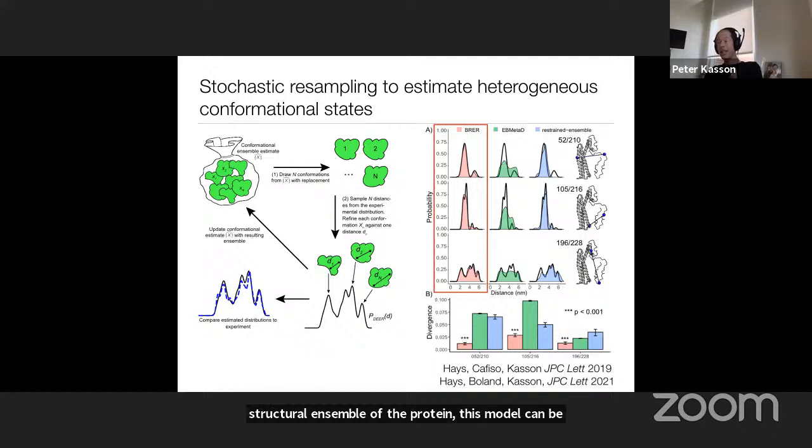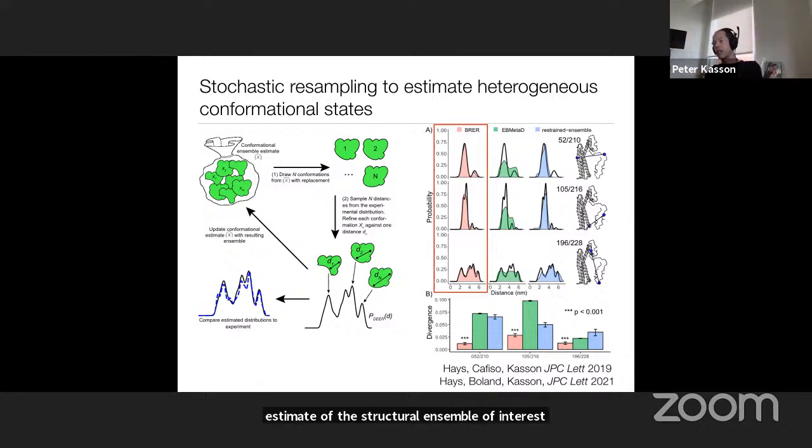This model can be a bad model, and then draws random samples from that and random samples from all our experimental data distributions, and essentially refines each sampled conformation against a distribution that looks like a delta function that's a random sample from each of the target distributions, and then collects all of those and uses that ensemble to update our estimate of the structural ensemble of the protein of interest.